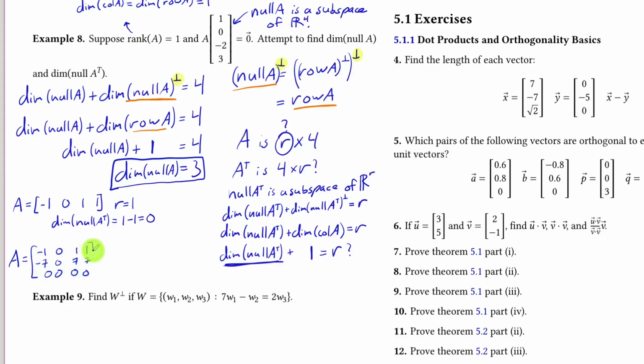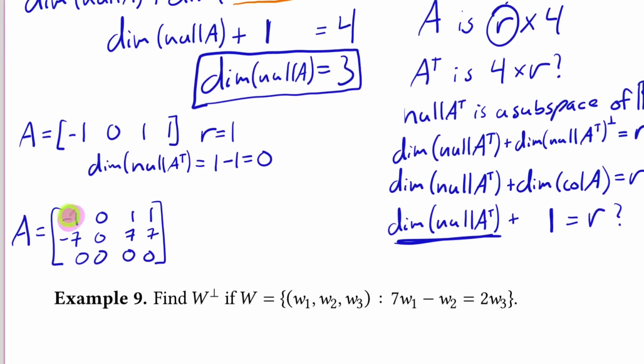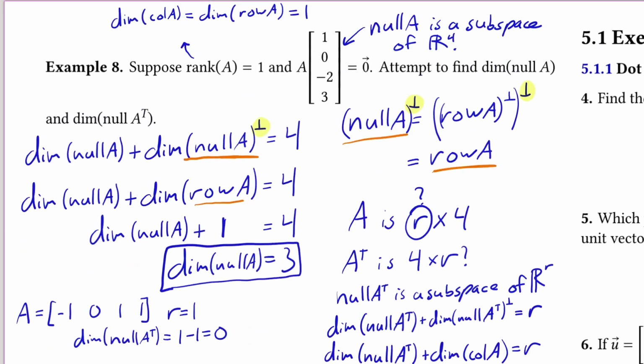Maybe some of the rows are multiples of this other one. Either way, this still has a single pivot position, so the rank of this matrix is 1. And now R is 3, and this makes the dimension of the null space of A transpose equal to 2. So there's no way to know the dimension of the null space of A transpose just with the information given here.